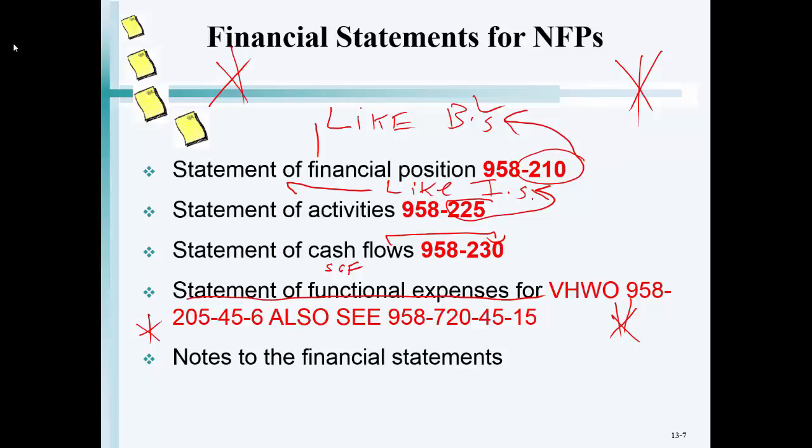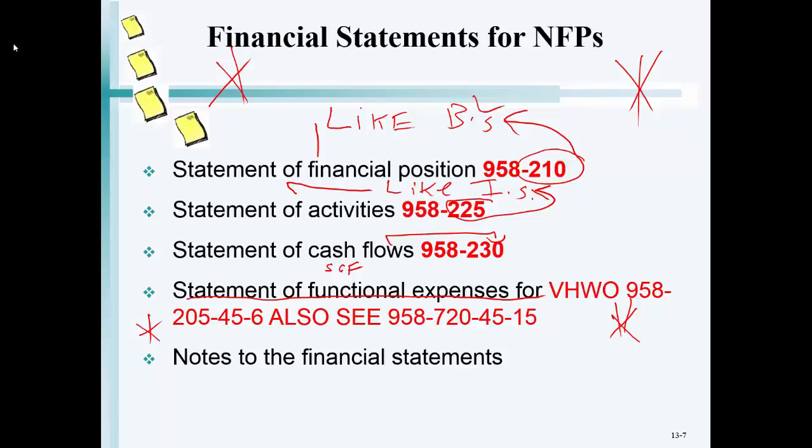For the income statement, we call that the statement of activities. And notice it has the same name as our government-wide income statement, doesn't it? Okay, so for the statement of activities, that is like our income statement. And of course, we need to be in 958 in the codification. And then for all entities under FASB's jurisdiction, you would look to 225 for information about the presentation of the income statement.